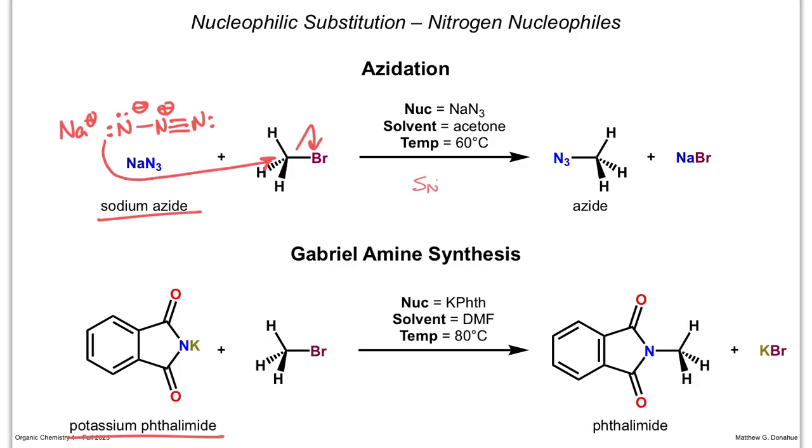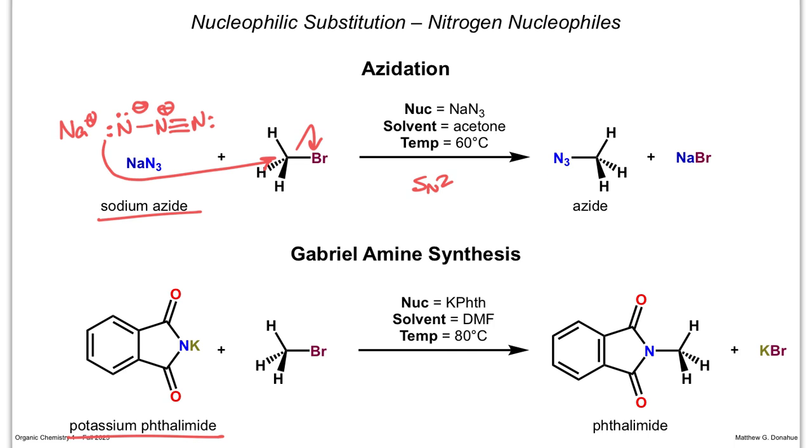So again, the arrow pushing is the same from the nucleophile to the electrophile. And what that is doing is installing this azide, which is N3. And we can take that and do some more stuff on it to get an amine.